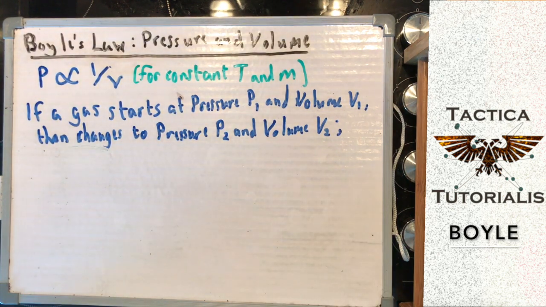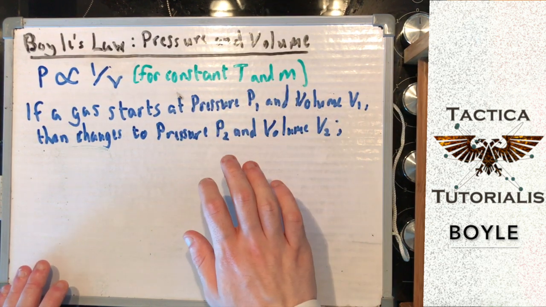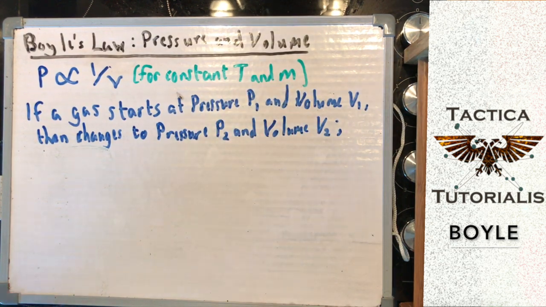Now, Boyle's law was established pre-industrial revolution. In fact, it was one of the first major steps toward the particle model we see today, by one of the Irish scientists, Mr. Boyle. And he established a relationship between P1 and P2 and V1 and V2.